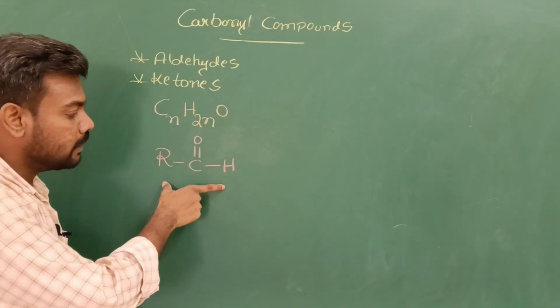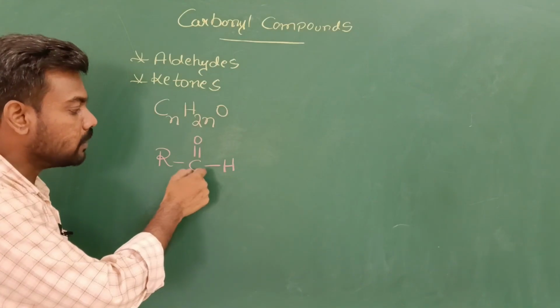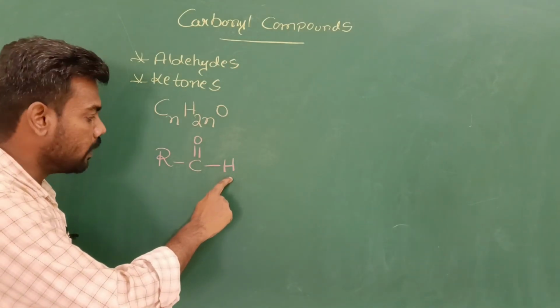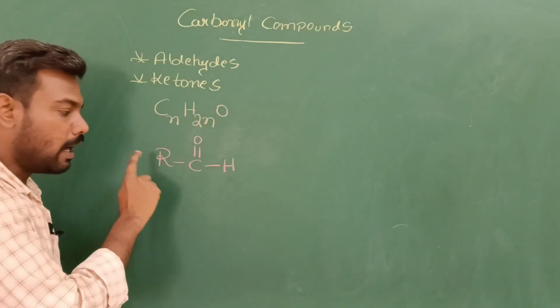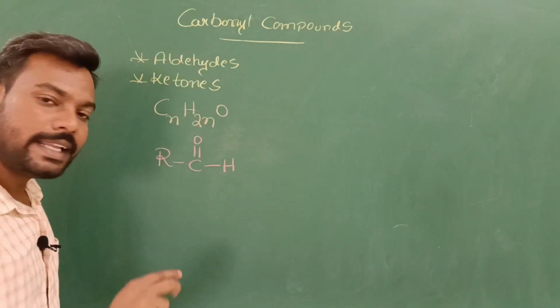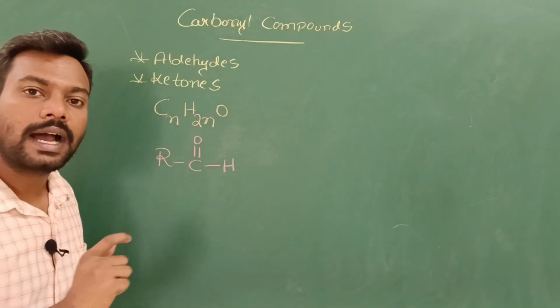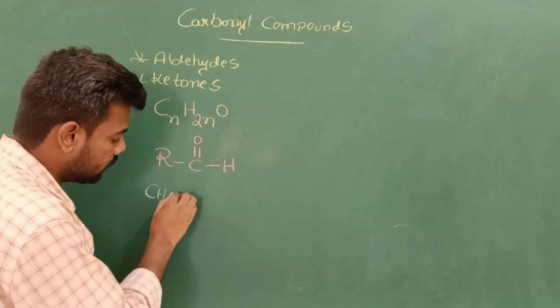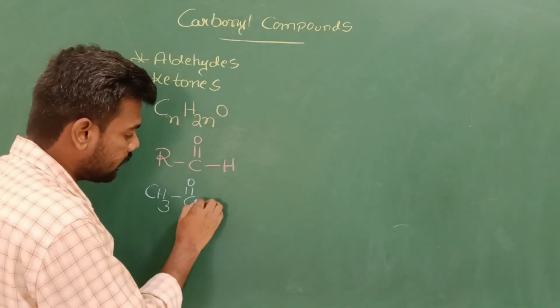Here in aldehydes, the carbon atom of the carbonyl group is bonded to a hydrogen atom and an alkyl or aryl group. If R is an alkyl group, then it is known as alkyl aldehyde, for example acetaldehyde.